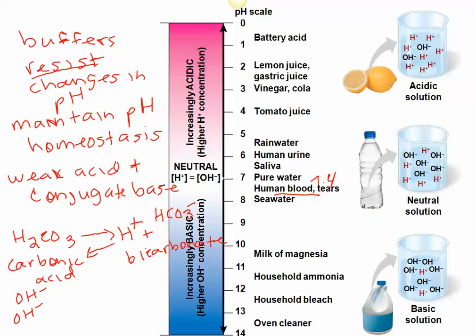In that instance, the carbonic acid would donate hydrogen ions. These hydrogen ions would combine with the hydroxide ions to neutralize them, thereby resisting the pH change and maintaining the pH. And so again, the hydroxide ions will cause the pH to increase, but we will neutralize it with the hydrogen ions, maintaining a pH close to 7.4.